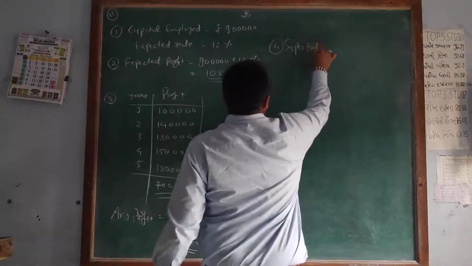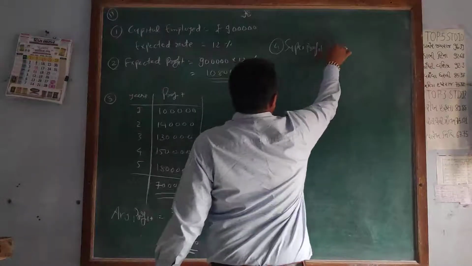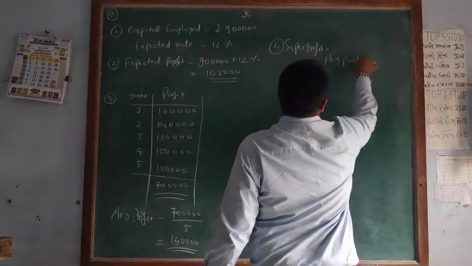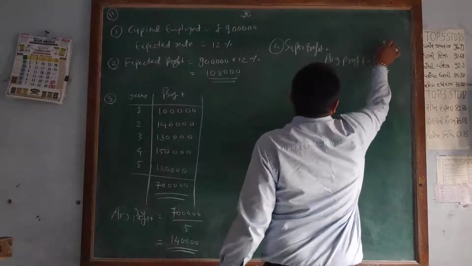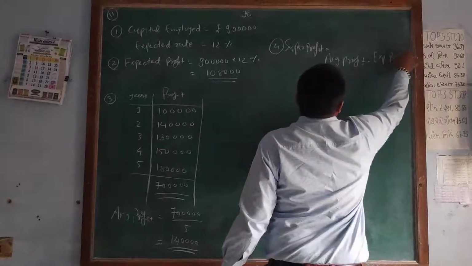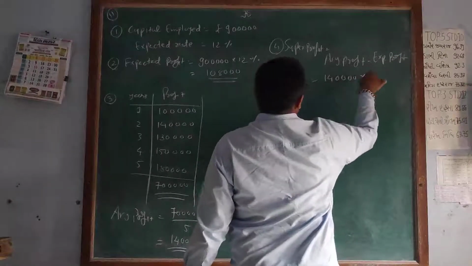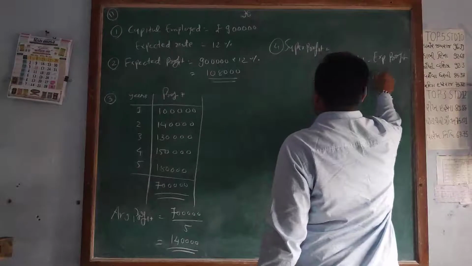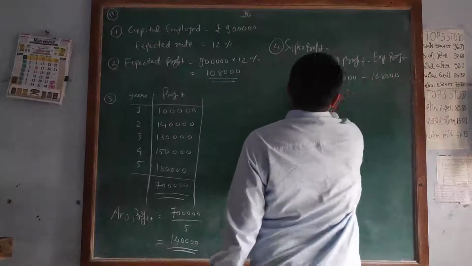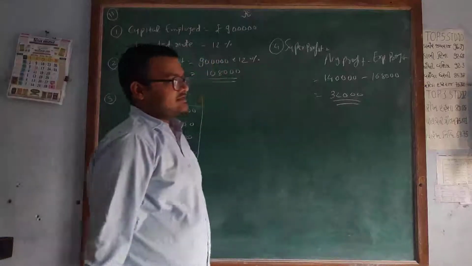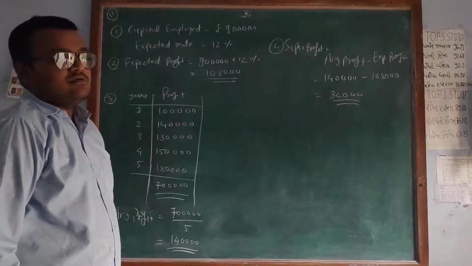And what is the formula for super profit? The formula for super profit is average profit minus expected profit. 1,40,000 minus 1,08,000. So our super profit will be 32,000. That's it. Correct?